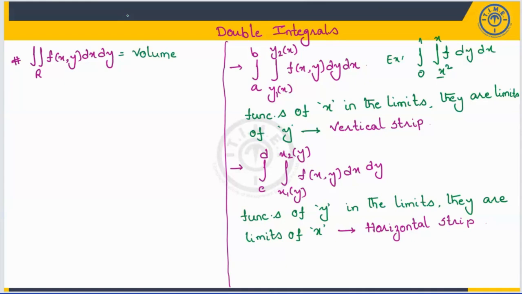It represents the volume under the curve z equals f of x comma y over the region R. Okay, so that means the double integral of a function always represents the volume under that curve over that region.